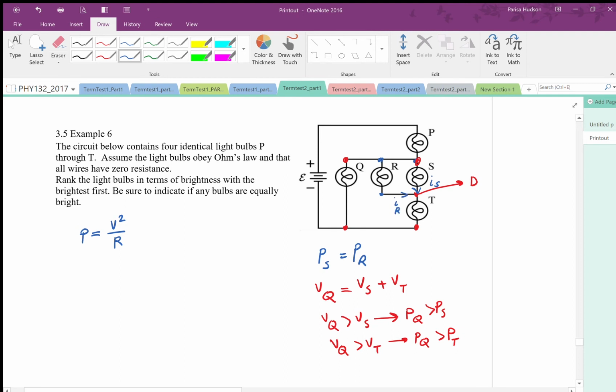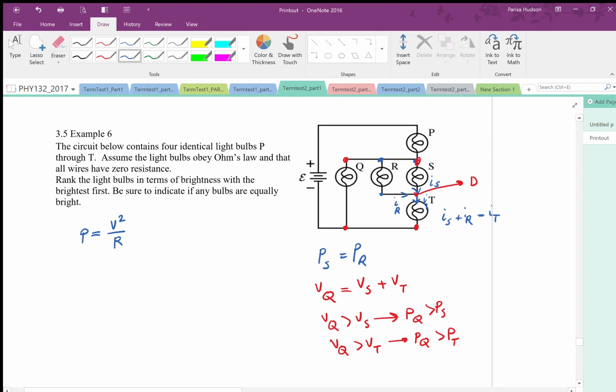They join together to create the current going through IT. So the current going through bulb T is therefore bigger than the current going through S, because IS plus IR gives me IT.